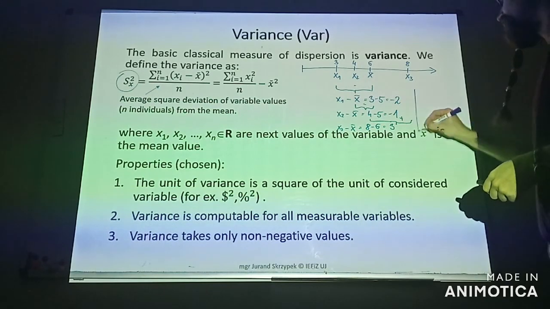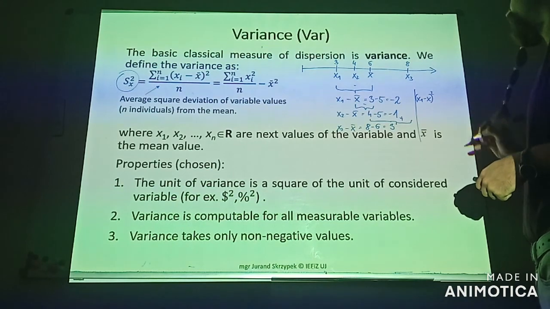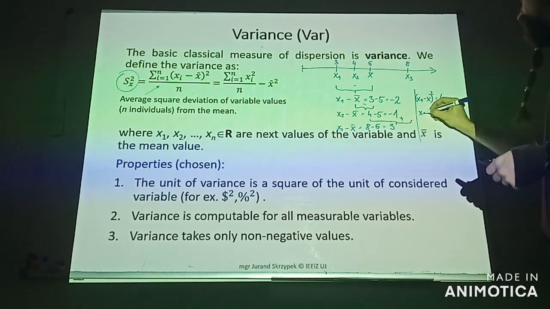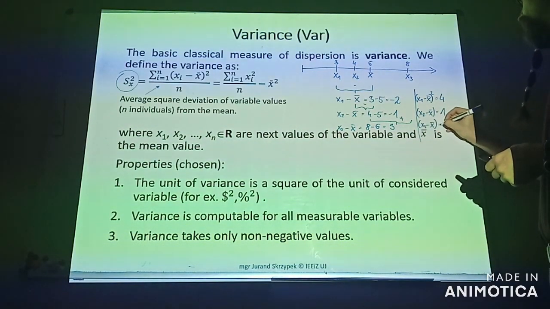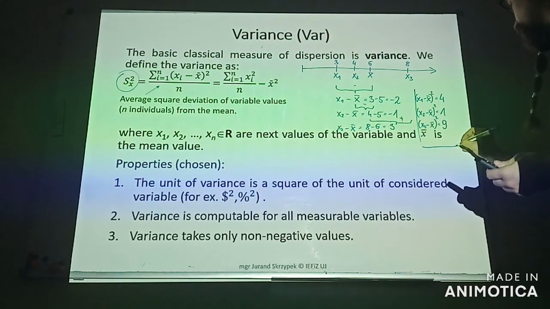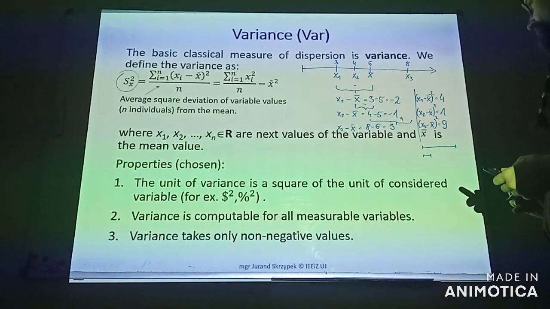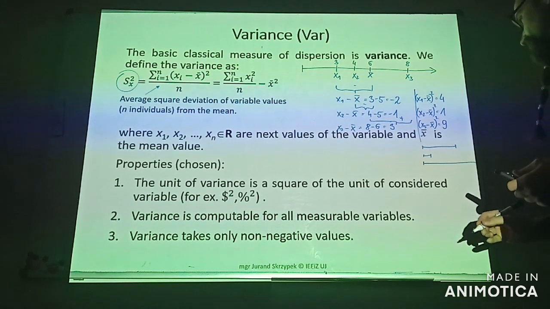In the first step, we have the first squared deviation equal to 4. The second one is equal to 1, and the third one is equal to 9. Here we have a square deviation equal to 4, here a square deviation equal to 1, and the last one is the biggest one, equal to 9.